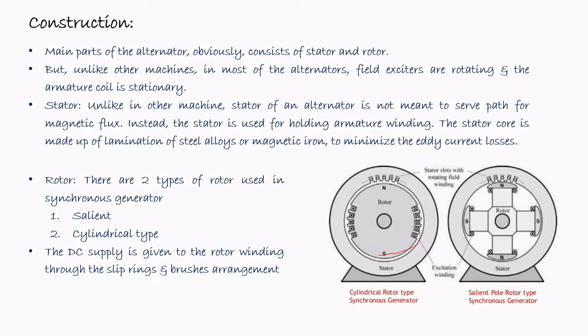The weight does not matter if the armature windings are placed on the stator. So that's why in a synchronous machine, the armature winding is always placed in the stator, and the field winding is placed on the rotor. Normally the DC supply is given to the rotor winding, which is used to produce a constant magnetic field.